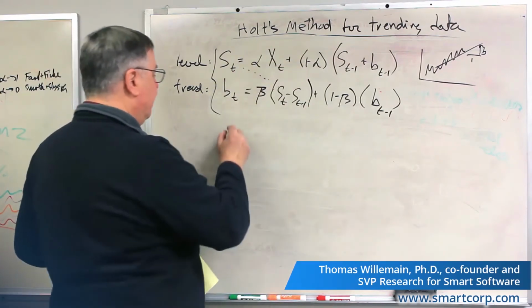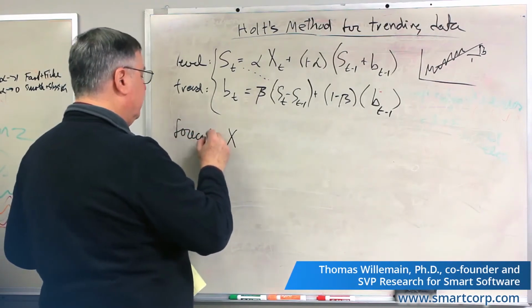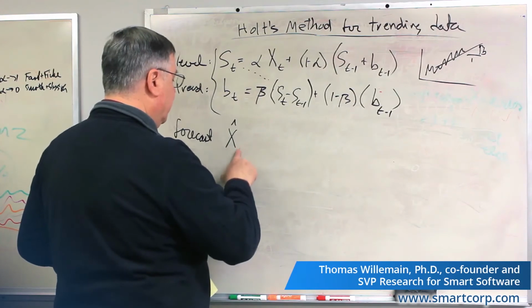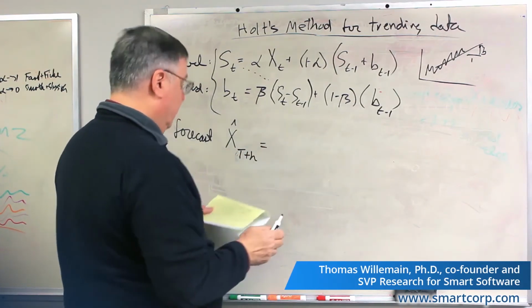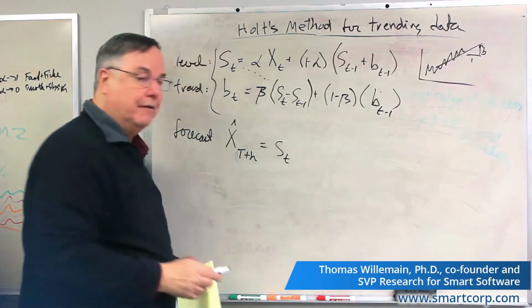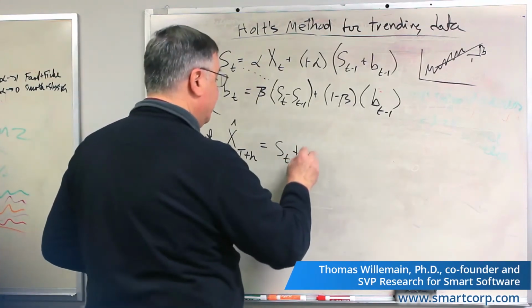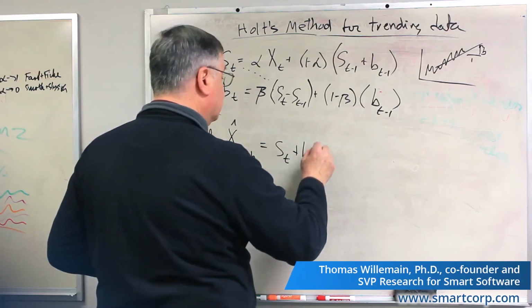And then finally, for a forecast, if we want to forecast at any time now plus h, we would start at the current level, and then we'd make a trend adjustment, and we say, we think the trend is B of t, and we go h ahead.